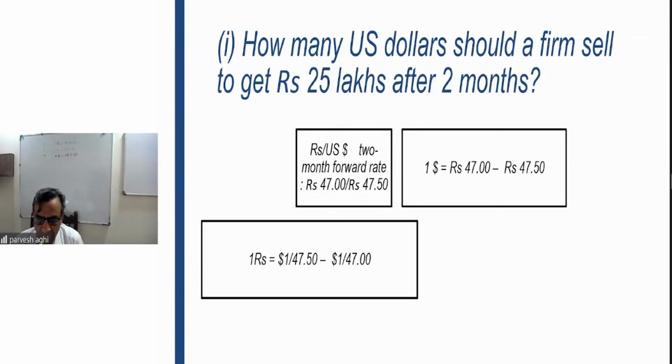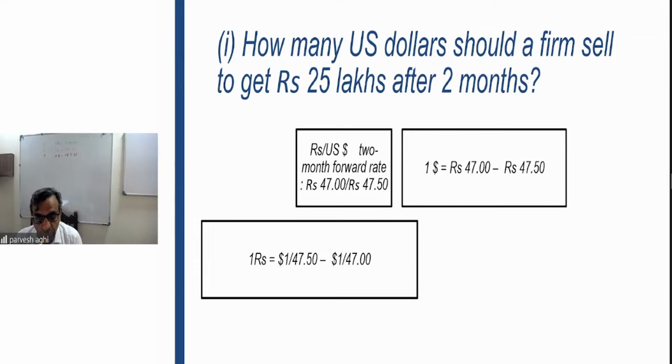So first, you should convert this quote in terms of rupees, because you want to sell 25 lakh rupees. So 1 rupee is going to give you 1 divided by 47.50, dash, 1 divided by 47. So you have converted without solving it further, and you have got both bid and ask rates in terms of rupees.